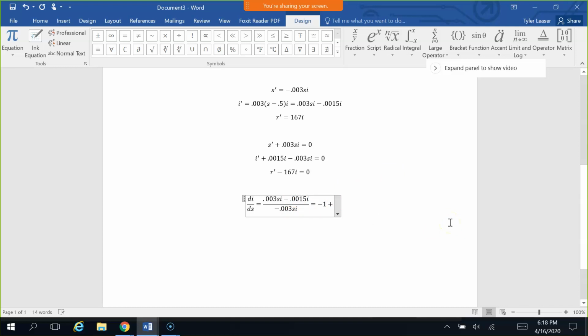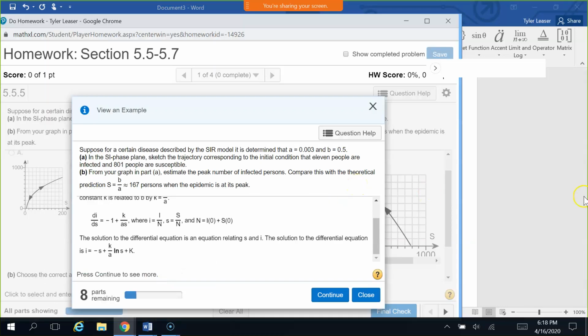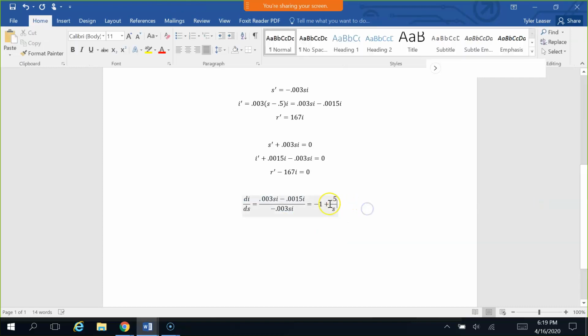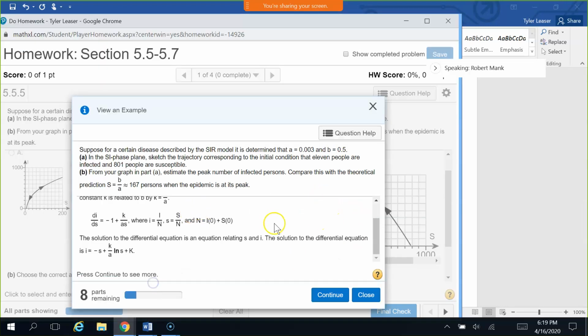Is that 2? Or is that 0.5? I think it's 0.5. And then 1 over S. Yeah, okay. So I know this seemed kind of weird to do, doing the ratio of the differentials, but that's what they did. So they took I prime divided by S prime, and it came out to be this, which doesn't look too bad. All right, let's see what they did next.